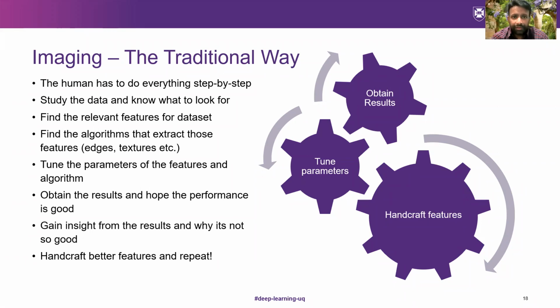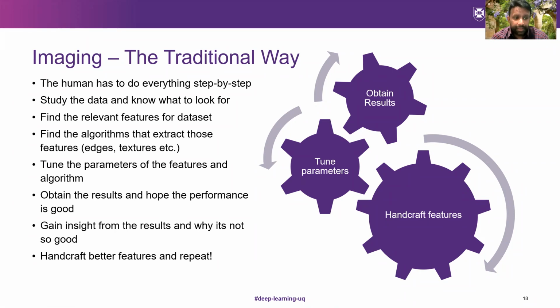Then we find the relevant features for that, and we need some way of extracting them, so we use an image processing algorithm. We need to work out the parameters, and then we hope that the algorithm we've chosen, these handcrafted features, as it were, will give us good performance.